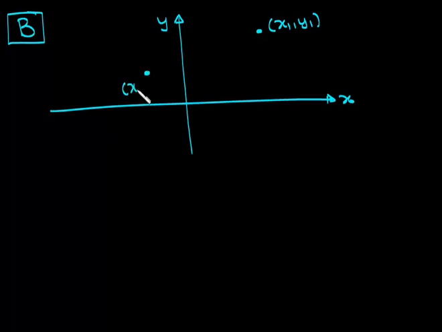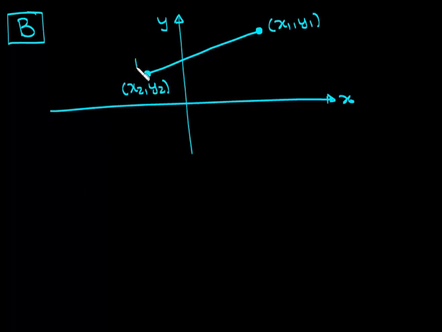I'll call this point x2, y2. The horizontal value is x2, the vertical value is y2. If I connect them with a line, I want to find the distance of that line, how far it is from here to here. Now, I can't just subtract the x values and the y values and get that distance. That's not going to be the right answer. So we need to have a special formula.